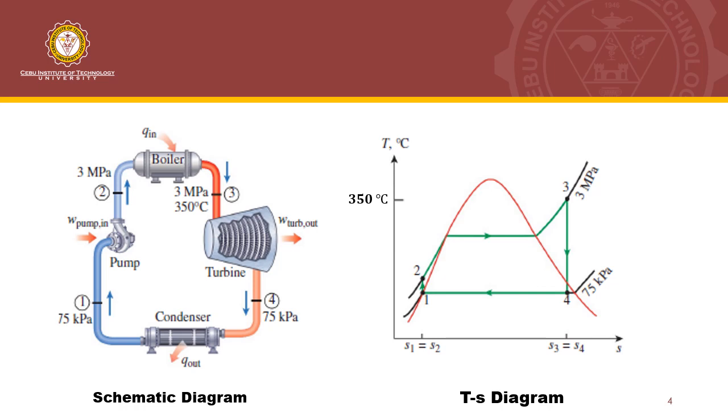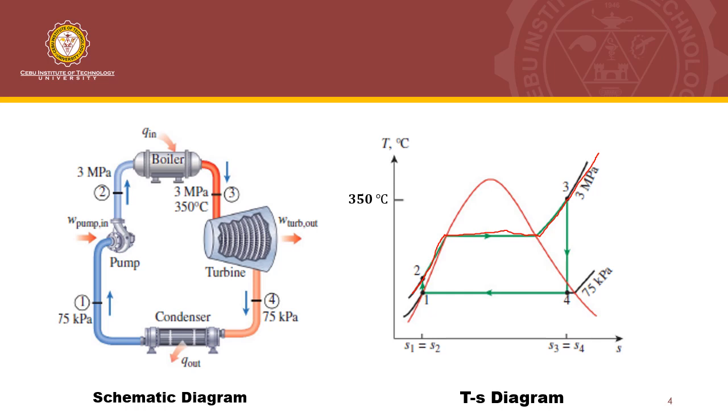At point 2, it will have a pressure of 3 megapascal. This 3 megapascal is also the pressure of this line here that you can see. So this is a constant pressure line, which is equivalent to 3 megapascal.